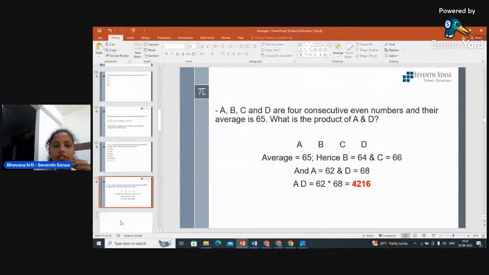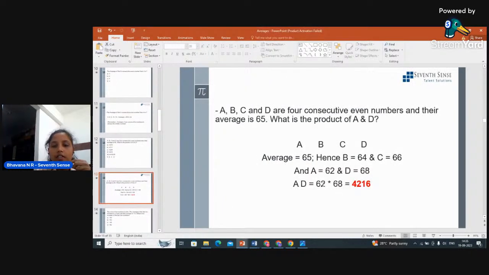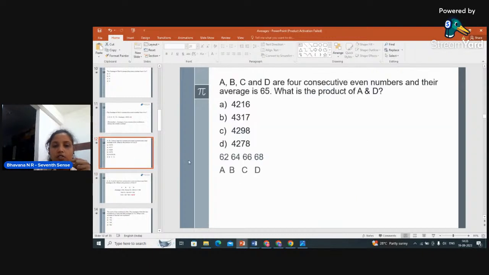The product of these two numbers is 4216. So the answer is 4216.